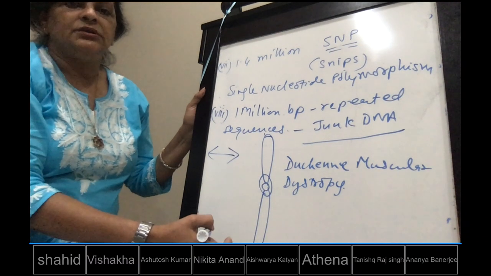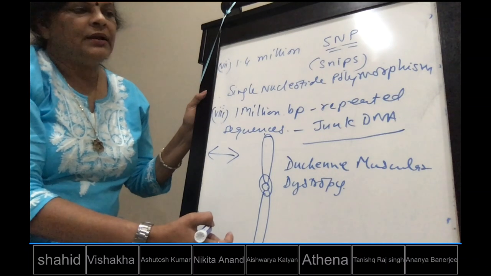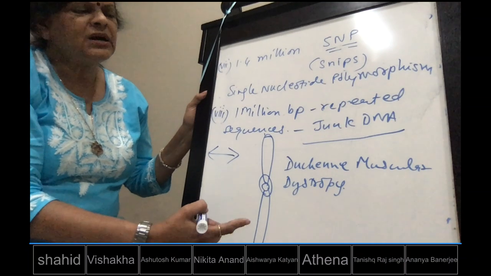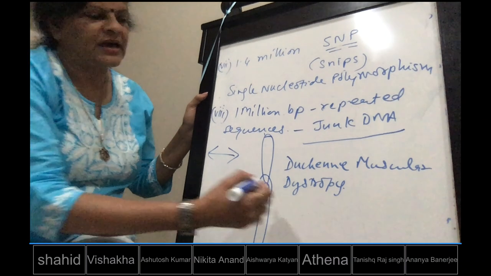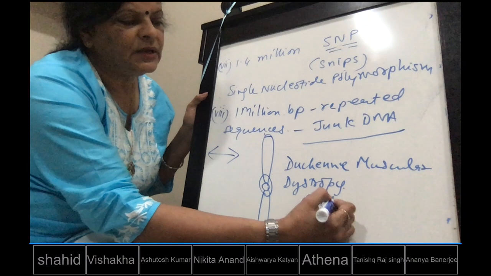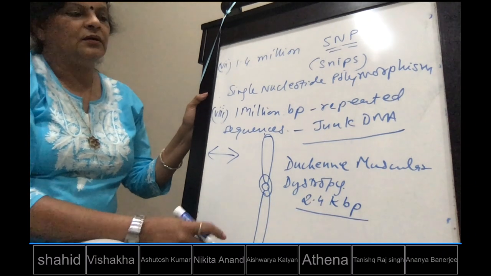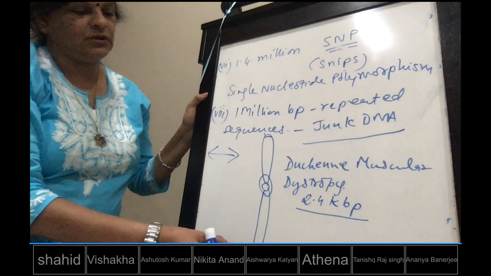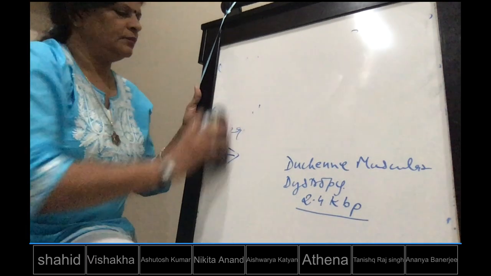Duchenne muscular dystrophy is the largest gene in the human body. And its size is 2.4 kilo base pairs. So that is the largest gene in the human body.